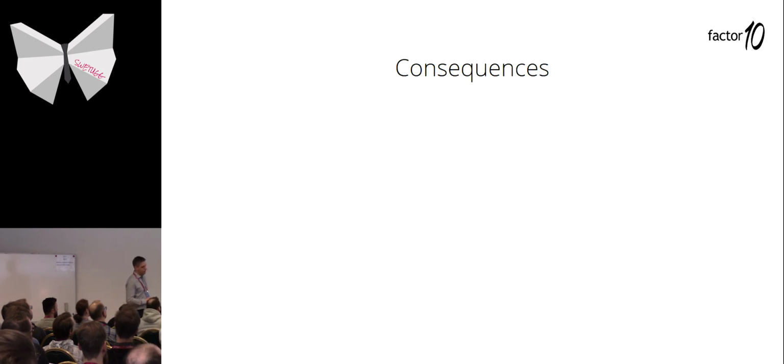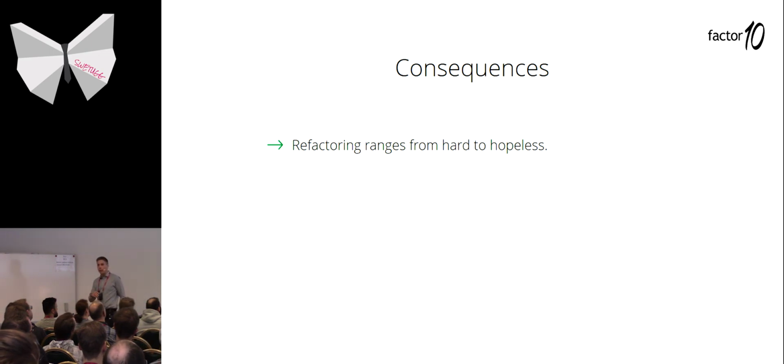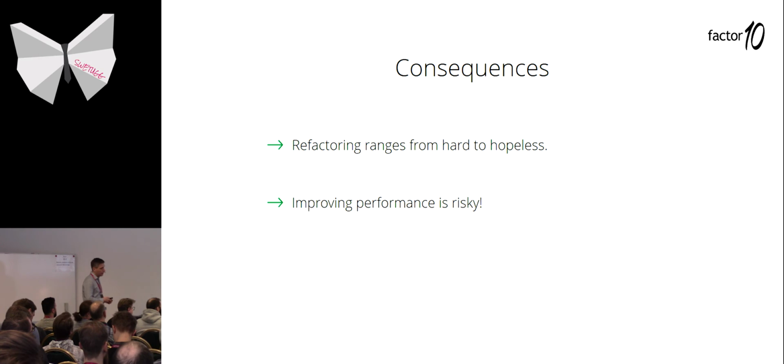Now the consequences are that doing a refactoring ranges from hard to impossible. Big refactorings can be hopeless because there's so much uncertainty. We don't really know what will happen if we do big changes. And the result is, of course, that we won't do the changes. We'll just add some code somewhere else and create a bigger mess.